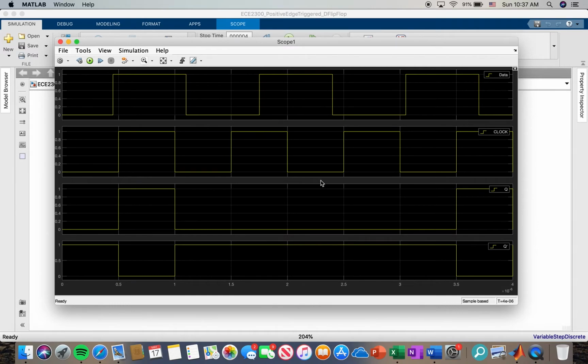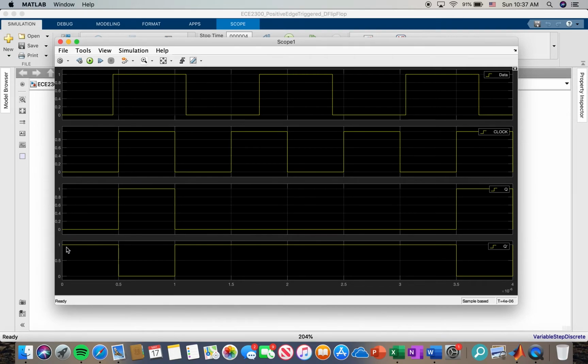And then looking at the next positive edge of the clock transition, the data is 0 again, so Q will remain at 0, and then on the last positive edge of the clock transition, the data is then at 1, so Q will go up to 1 and then reset on the negative edge of the clock again.